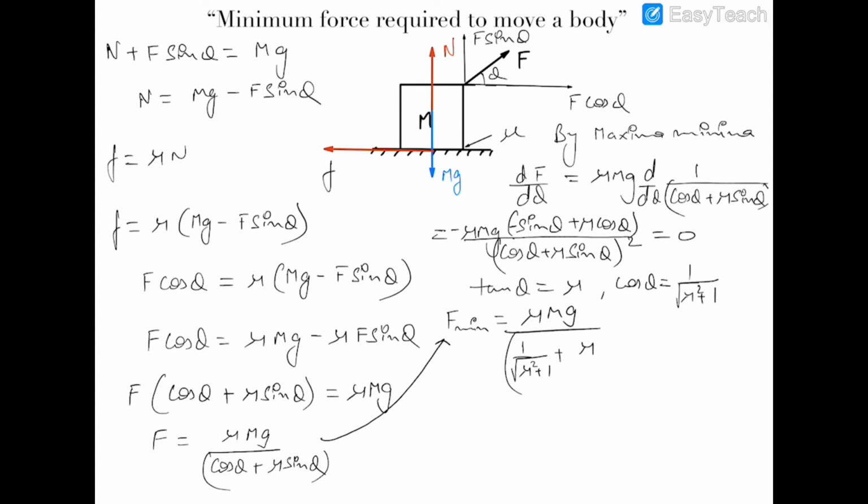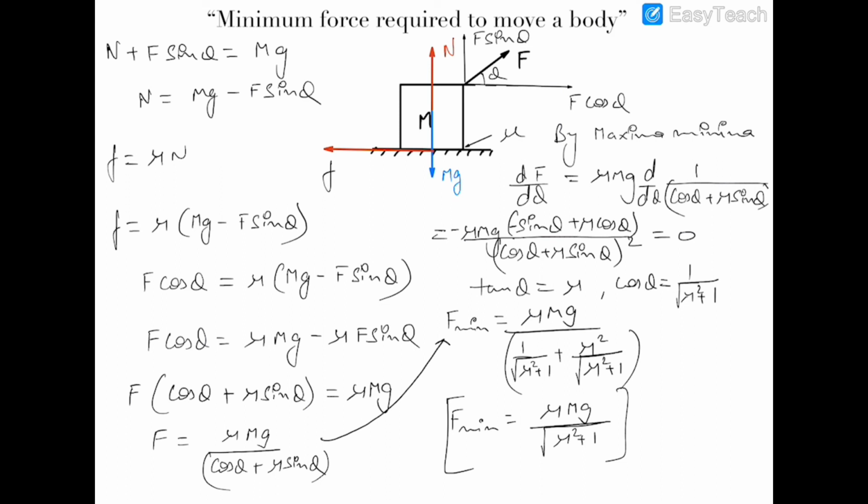So with a mu already written here, it would be mu square upon under root of mu square plus 1. If I take out this common, F minimum will be equal to mu mg upon under root of mu square plus 1. This is the minimum required force to move this block.